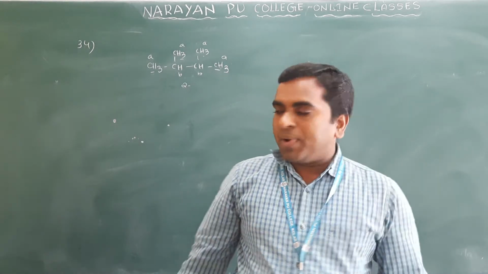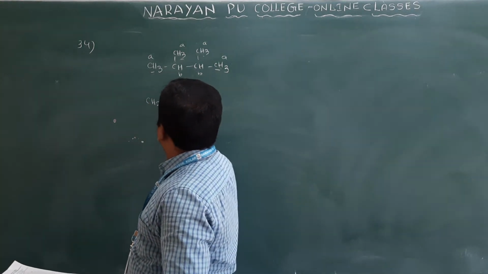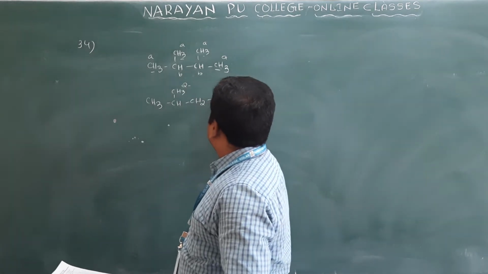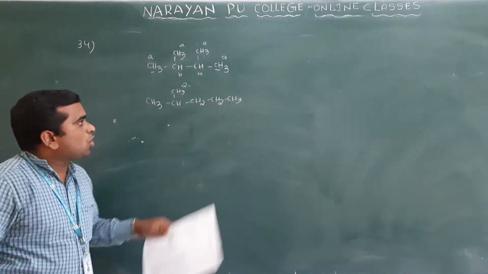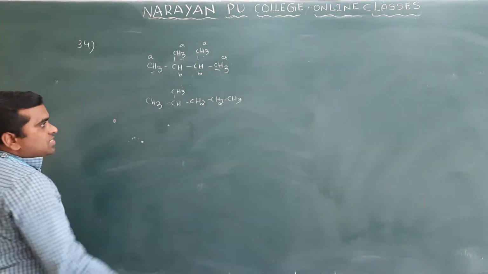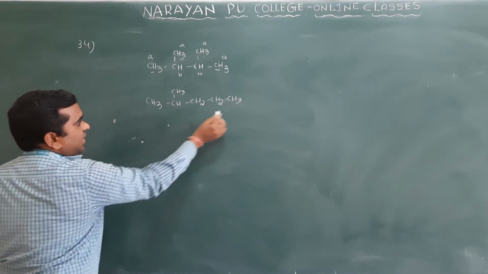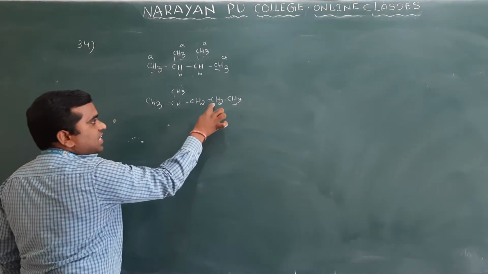And 2-methyl pentane. 2-methyl pentane means what is it? CH3 and CH3, CH2, CH2, CH2. This is 2-methyl pentane. So how many monochlorinated products does it give? How many types of hydrogens are there? These 2 CH3 and this CH3 are different, right? Because these 2 are attached to CH and this is attached to CH2.